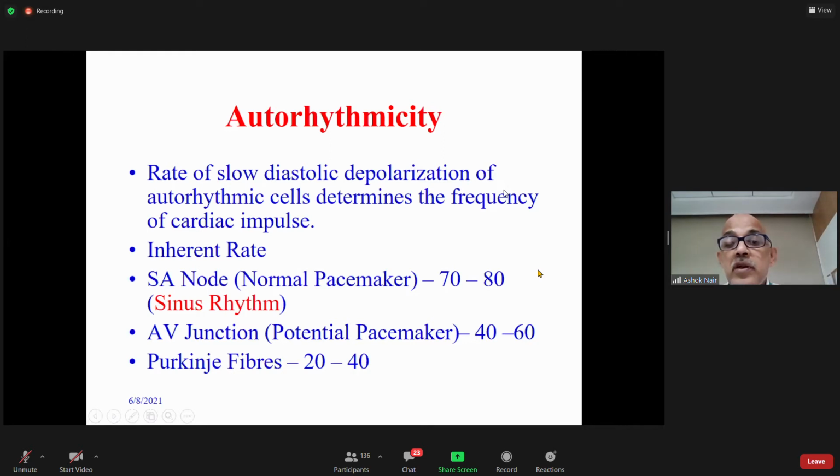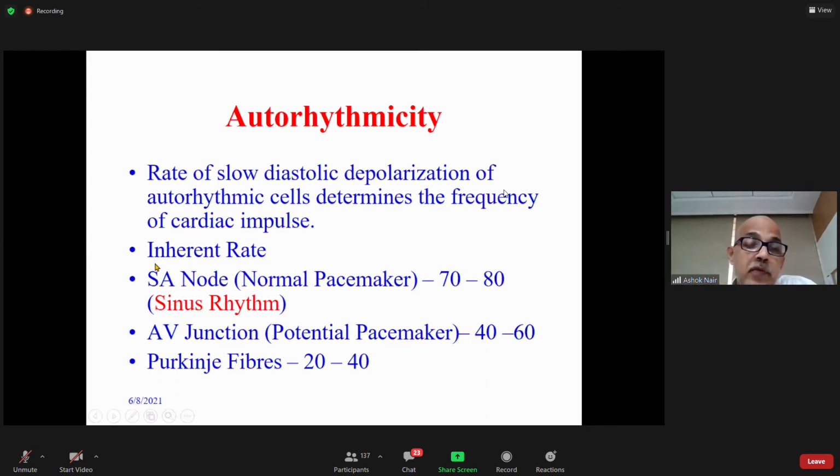The autorhythmicity we have seen last class is a property of these cells. The rate of depolarization of the pacemaker potential slope determines the frequency of cardiac impulses. Last class we have seen how the slope of that pacemaker action potential will determine the rate.